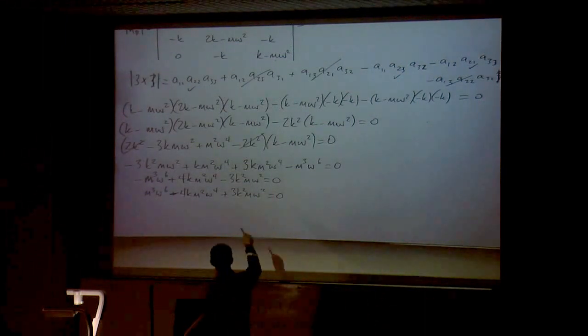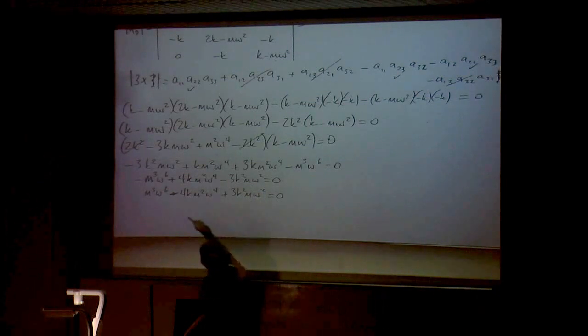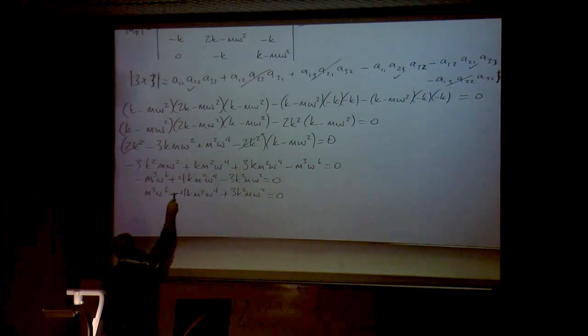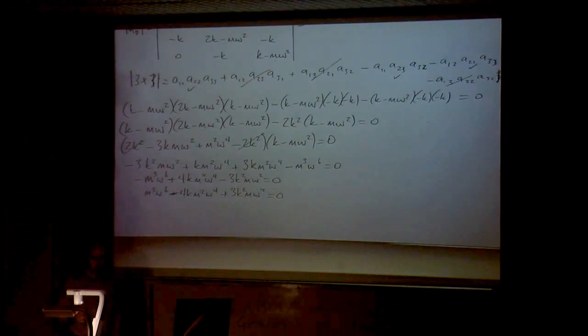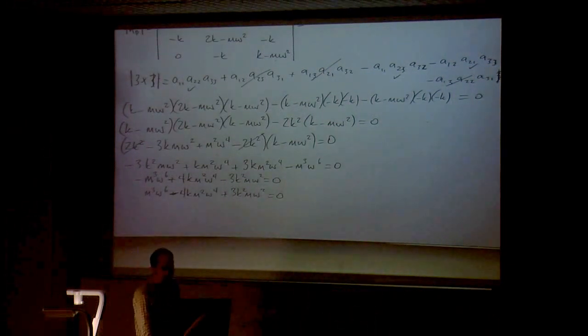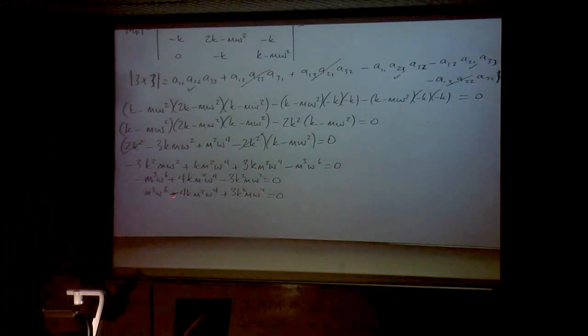So from this equation to this one, I've divided by minus 1. That's a minus sign. And you can see that in each of those terms there is a common m omega squared term. So I'm going to take it out.